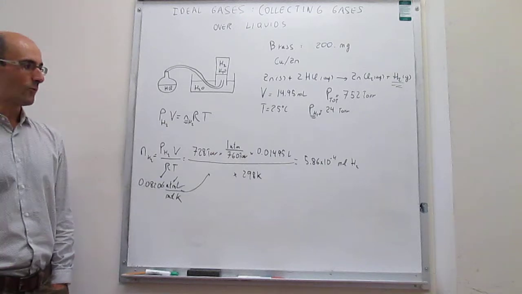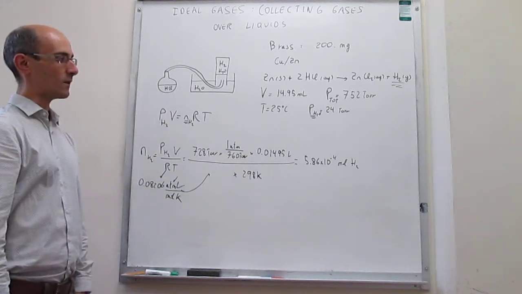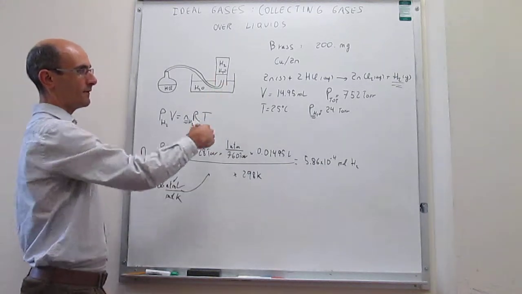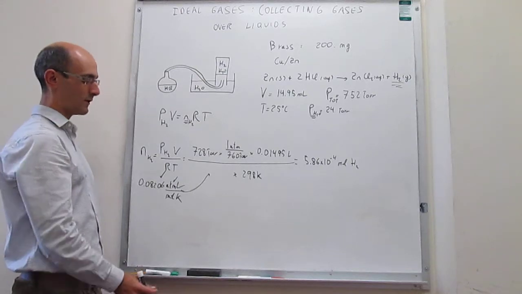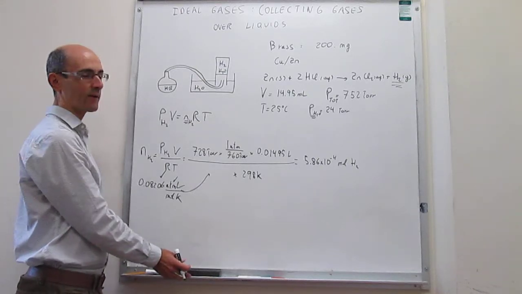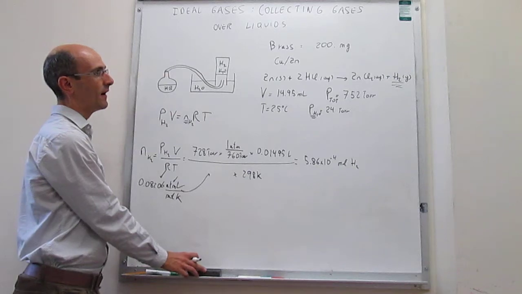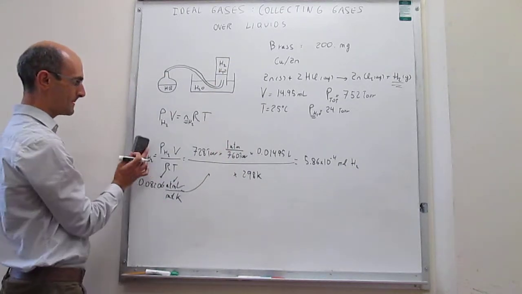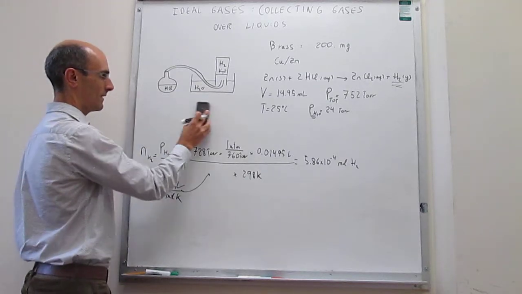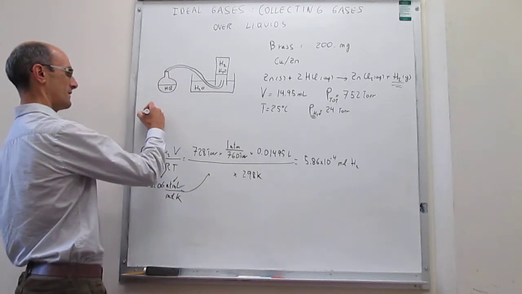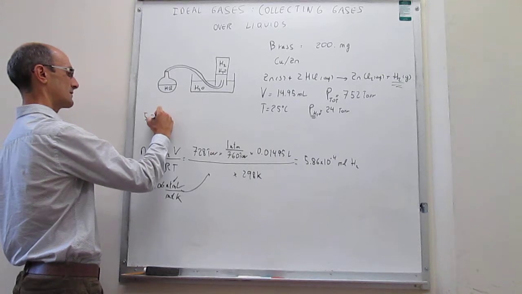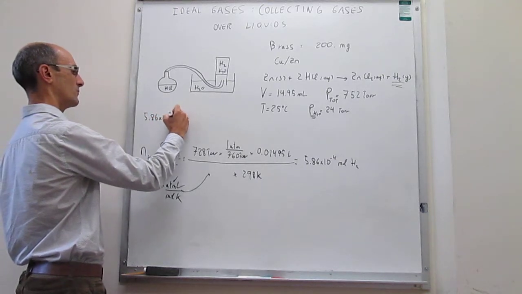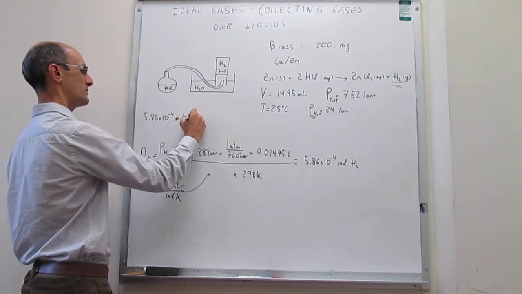Okay, so we're now ready to do the stoichiometric calculation. From the moles of hydrogen, we can find the moles of zinc, and then from the moles of zinc with the molar mass of zinc, we can get the grams of zinc, and then figure out the percent composition of that brass. All right, so let's work that out right here. We have 5.86 × 10^-4 moles of hydrogen.